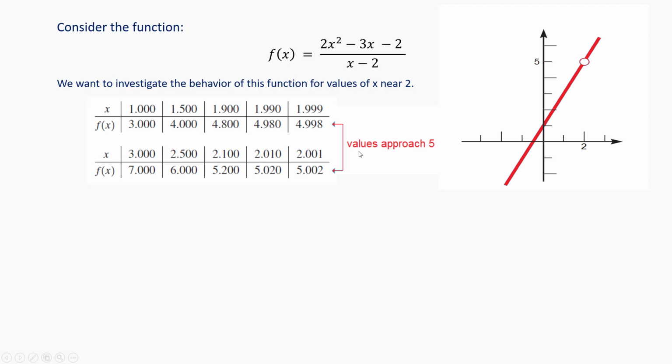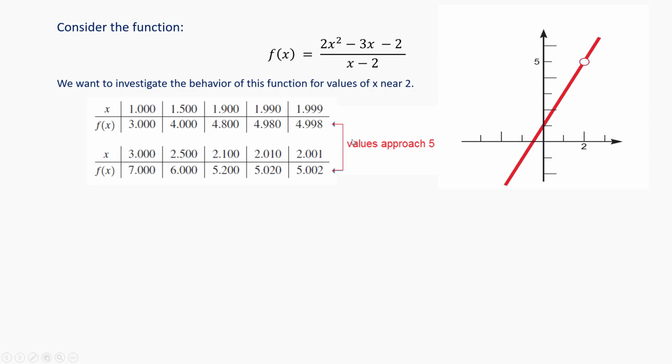In the first table, when x is 1.999, we are very close to 2, and the y value is 4.998, which is very close to 5. Also in the second table, when x is 2.001, the y value is 5.002, which is very close to 5. So when we get closer and closer to 2, the y value of the function approaches 5.